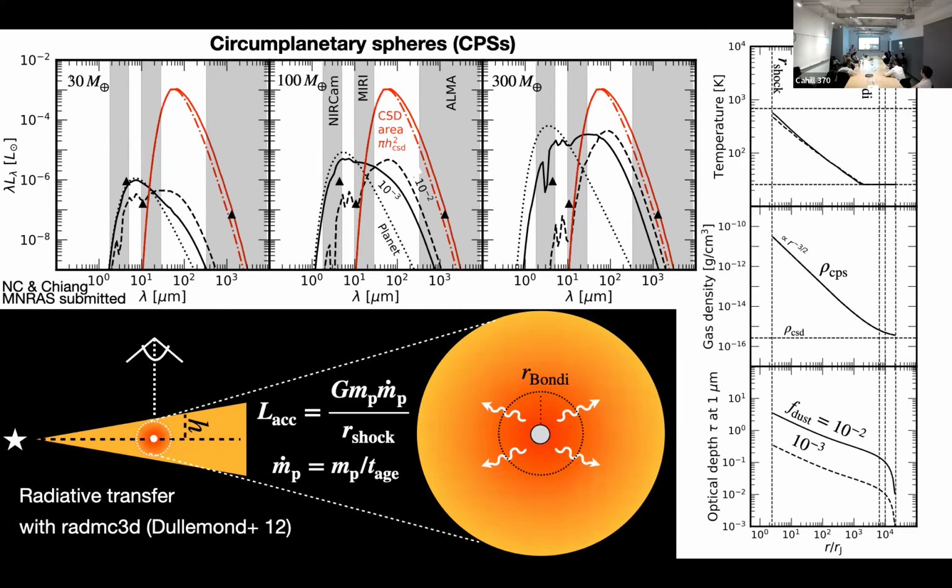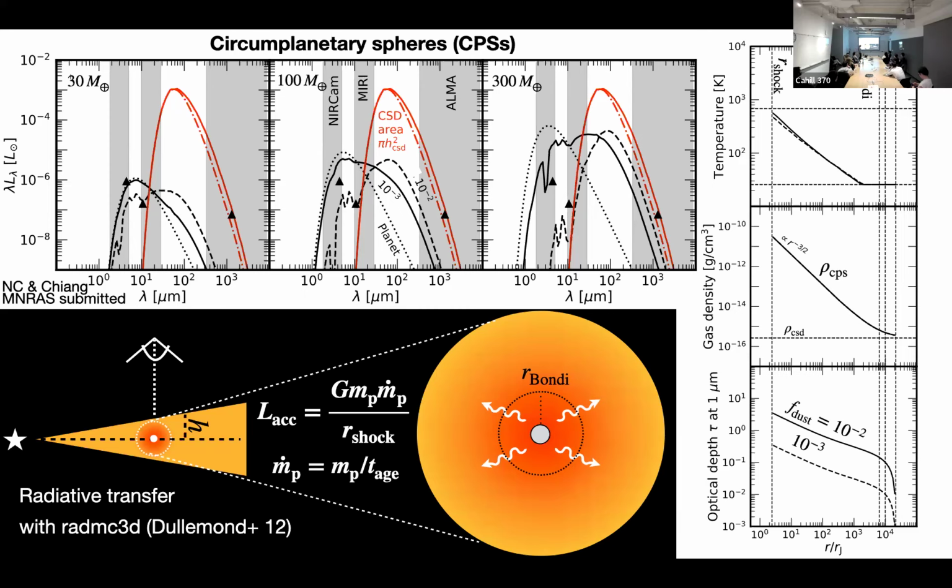They're accreting in this Bondi regime where the flow is spherically symmetric around the planet. Here I'm taking a planet, modeled as a black body emitter, radiating at the center of this spherically symmetric Bondi envelope. Then you compute the SED on the outside, processing that black body SED through this dusty envelope. We're doing this with the radiative transfer code RADMC.